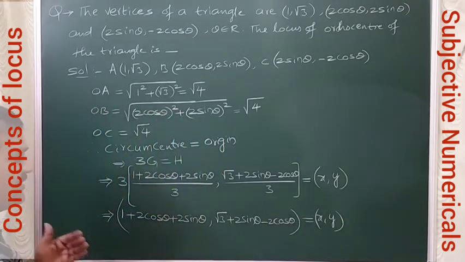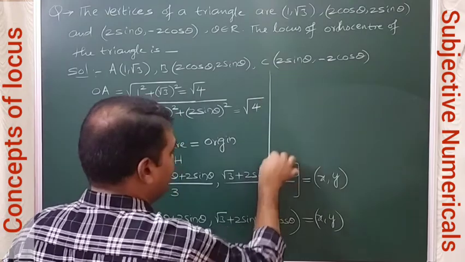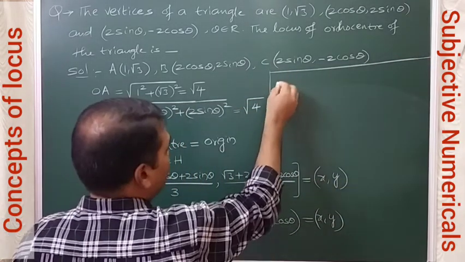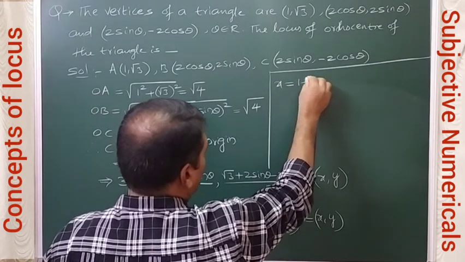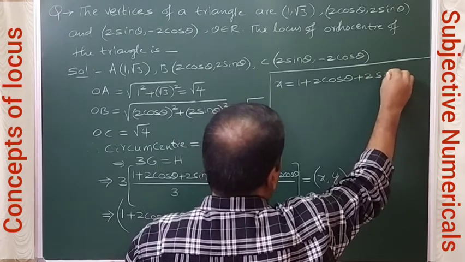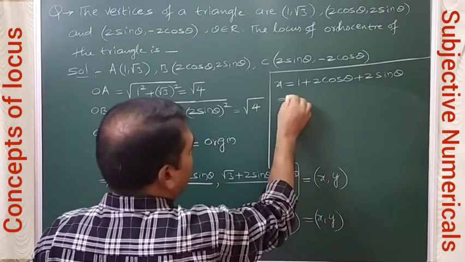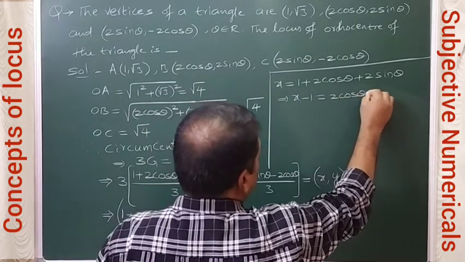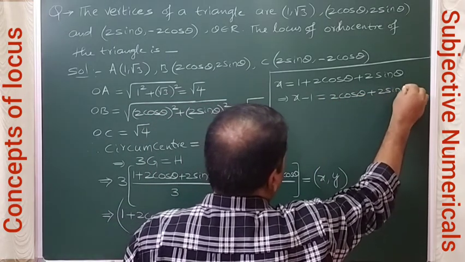So equate x and y coordinates separately. When we equate the x coordinates, we get x is equal to 1 plus 2 cos theta plus 2 sin theta, which means x minus 1 is equal to 2 cos theta plus 2 sin theta.